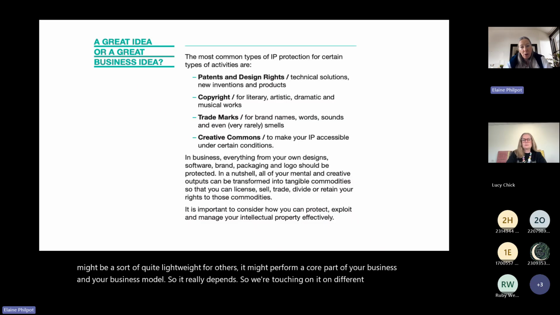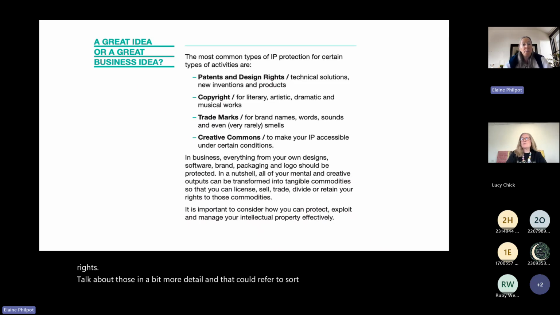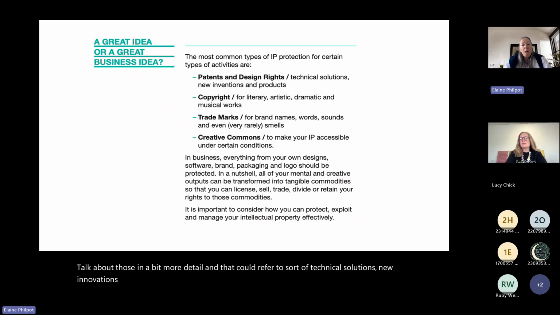The most common types of protection for certain types of activities are patents and design rights. We will talk about those in a bit more detail, and they could refer to technical solutions, new innovations and products, for example.